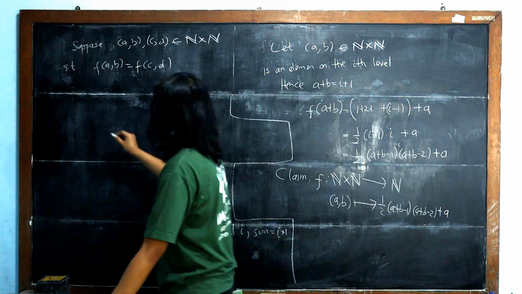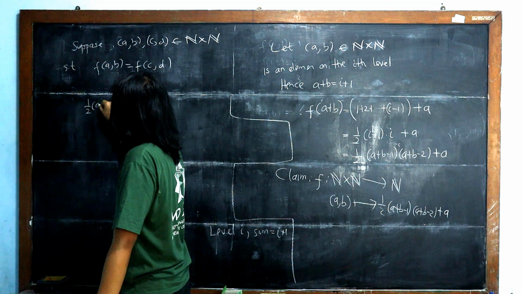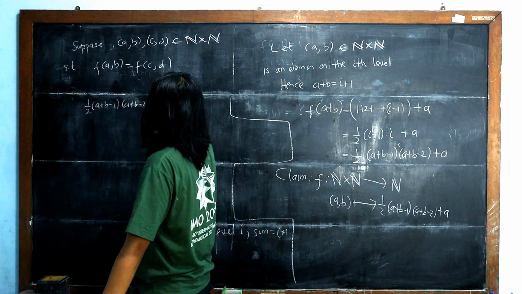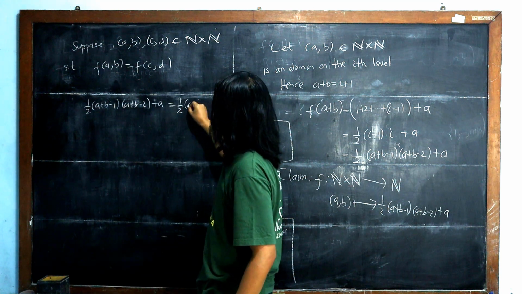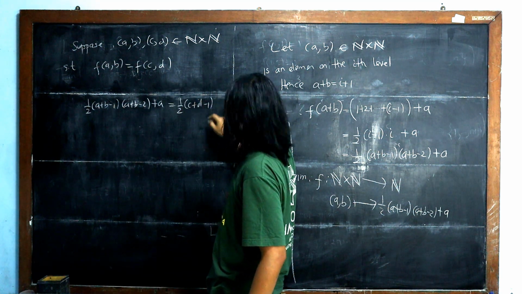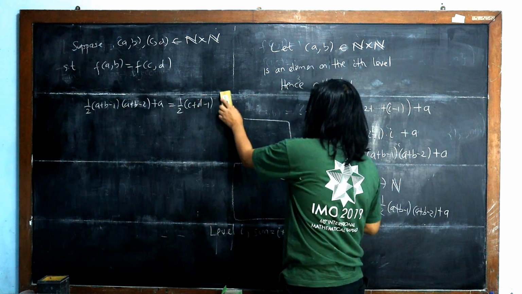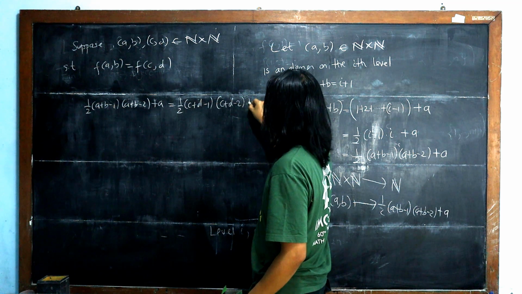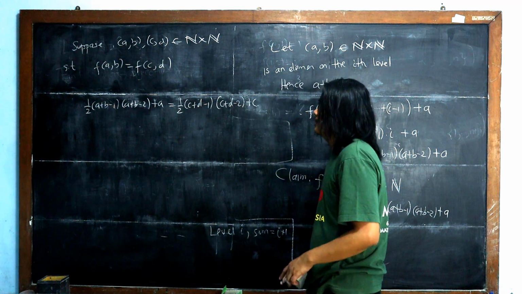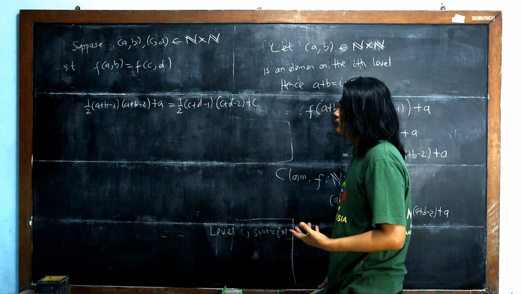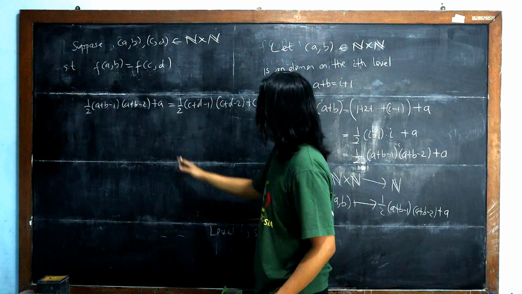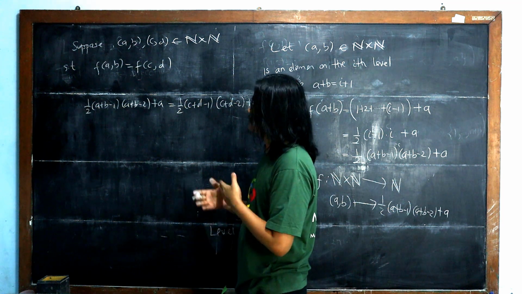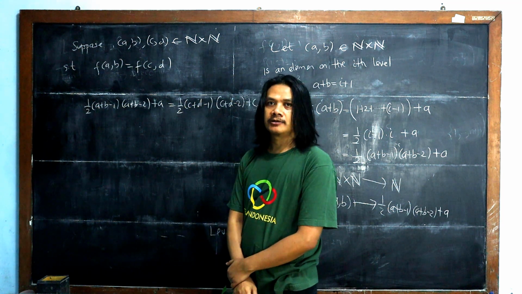So it means that half of (a plus b minus 1)(a plus b minus 2) plus a is equal to half of (c plus d minus 1)(c plus d minus 2) plus c. Okay. So we would like to conclude that from this equality, it implies that a must be equal to c and b must be equal to d.